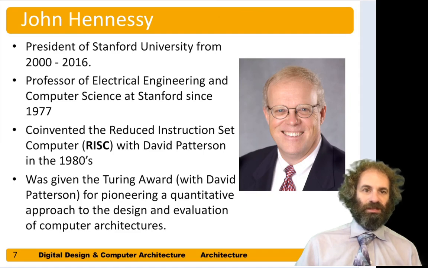So prior to Hennessy and Patterson, computer architectures were often evaluated based on how elegant they were. For instance, an architecture that might be able to run Pascal or Lisp programs directly. And Hennessy and Patterson made the bold statement back around 1990 that computer architectures should be evaluated based on how fast they can run your program.